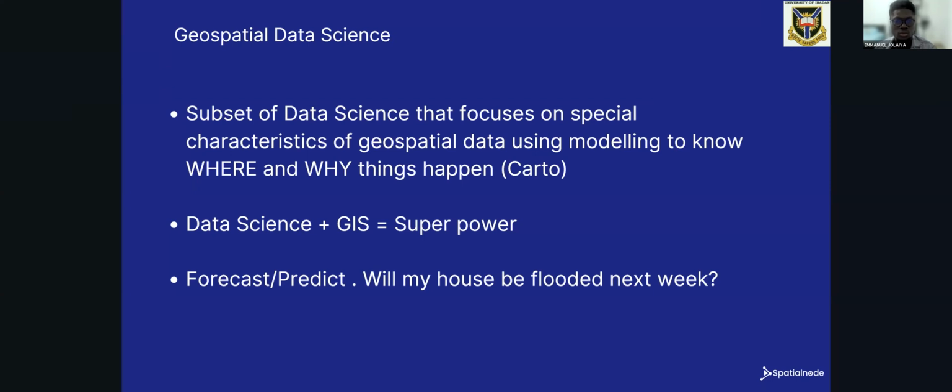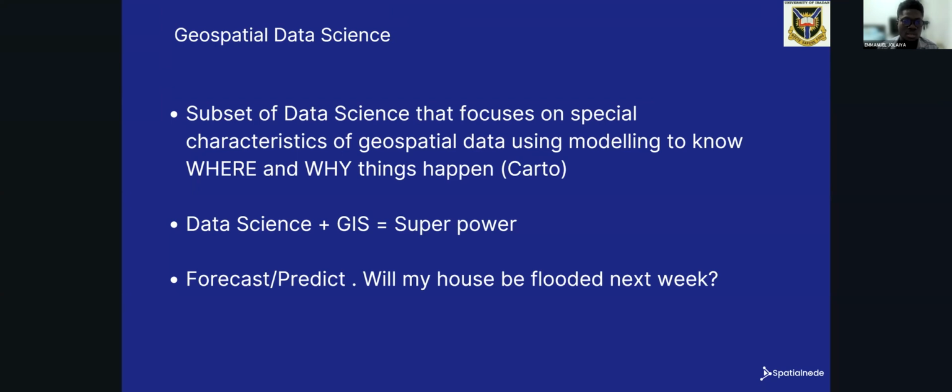We would have been able to prepare ourselves and plan mitigation measures. But because we have limited geospatial data scientists in Nigeria, we still have a lot of problems that we can easily avert with predictions. So as a geospatial data scientist, you can predict and forecast and answer different environmental questions.